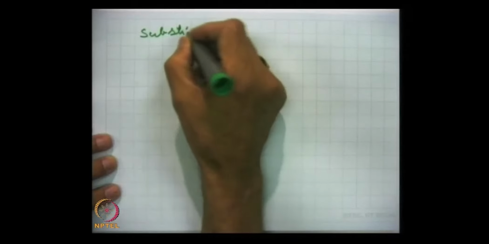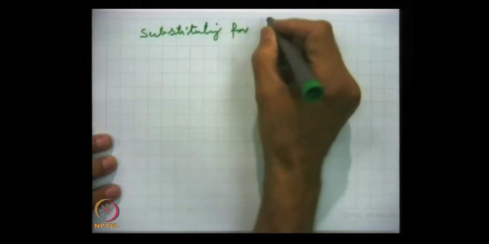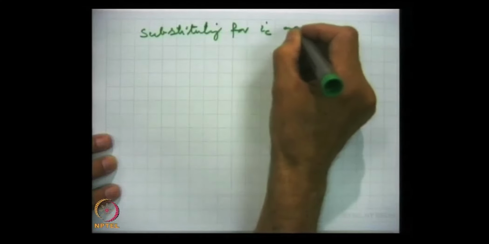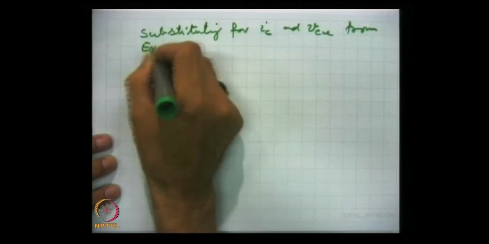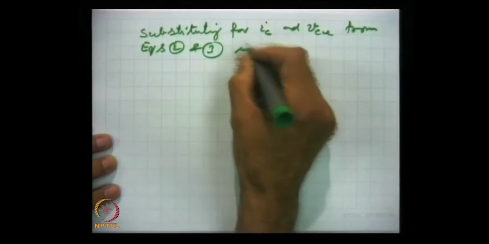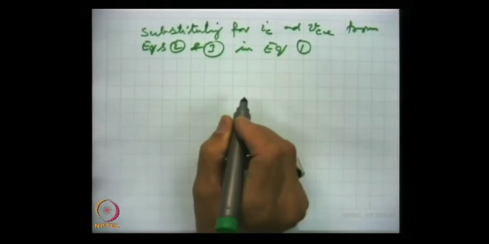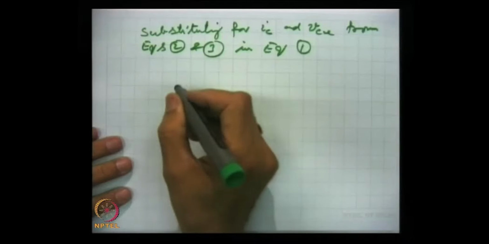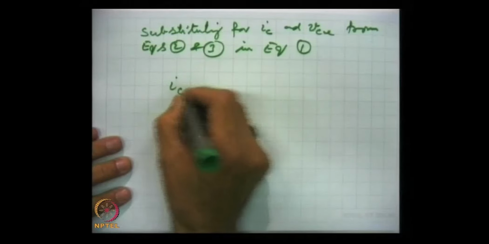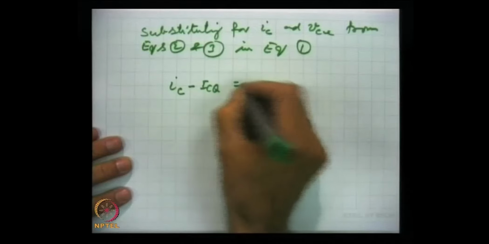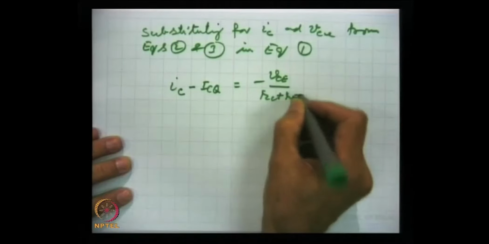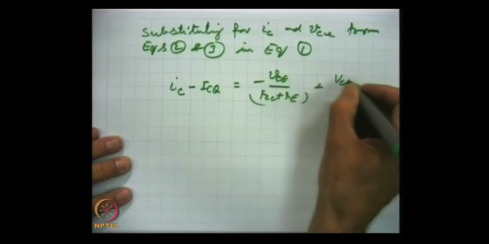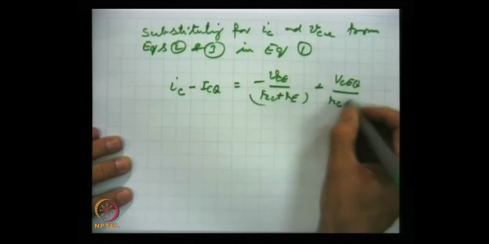Substituting for ic and vce from equations 2 and 3 in equation 1, this gives us IC minus ICQ equals minus VCE divided by RC plus RE plus VCEQ divided by RC plus RE.